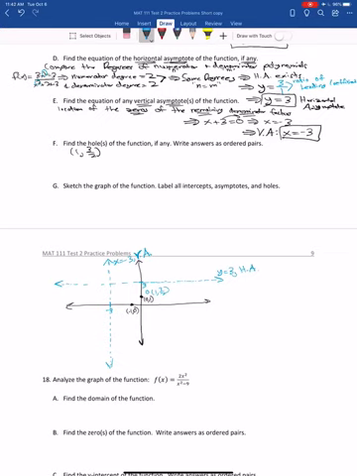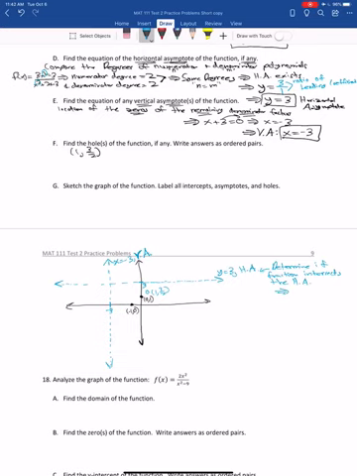One thing I do want to find out is this horizontal asymptote: does our function ever intersect it? So determine if the function intersects the horizontal asymptote.